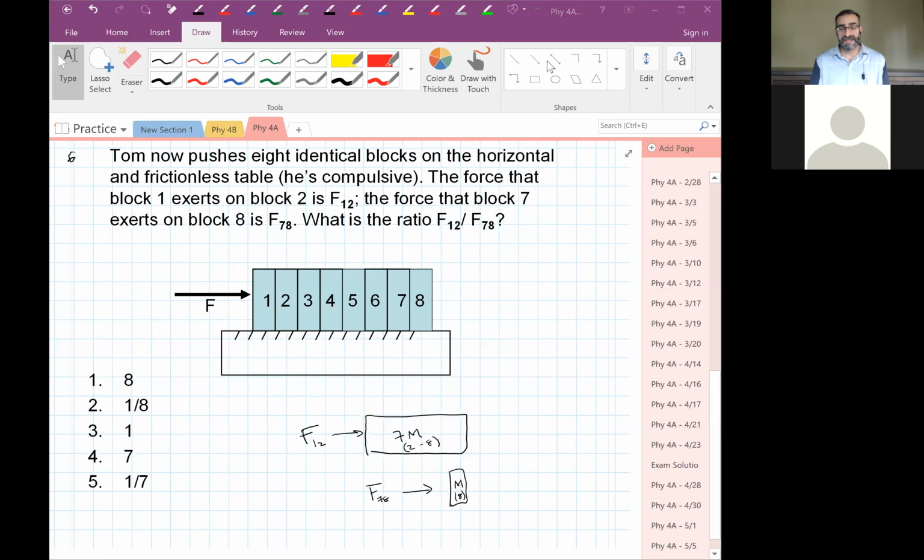If the accelerations are the same and one mass is 7 times more than the other mass, then the force has to be 7 times greater. Okay.